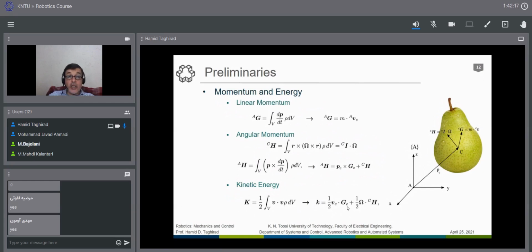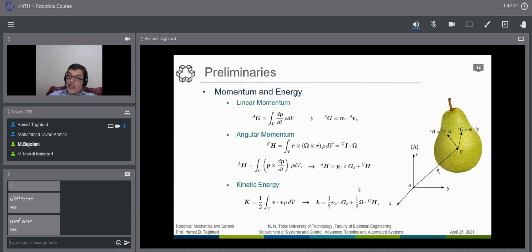Of course, v squared in a vector form to find it for a general 3D motion. Plus 1/2 omega dot HC, where HC is given here, 1/2 omega dot I dot omega, 1/2 I omega squared. In short, it would be 1/2 m v squared plus 1/2 I omega squared.